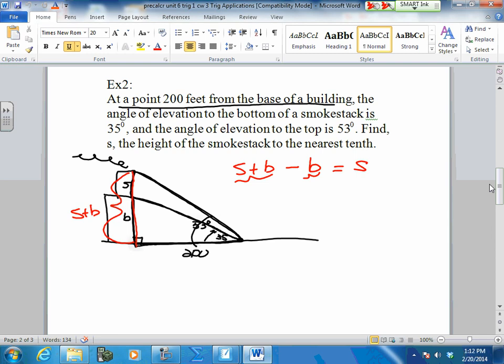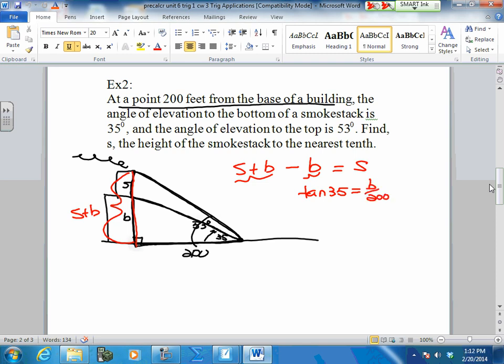But we're okay, because watch. We have a triangle with a side and an angle and a missing side. Can't we use trig to find this? So if this is my angle, this is my opposite, this is my adjacent, what am I using? Tangent. So when I find B, the tangent of 35 is equal to my opposite over adjacent.